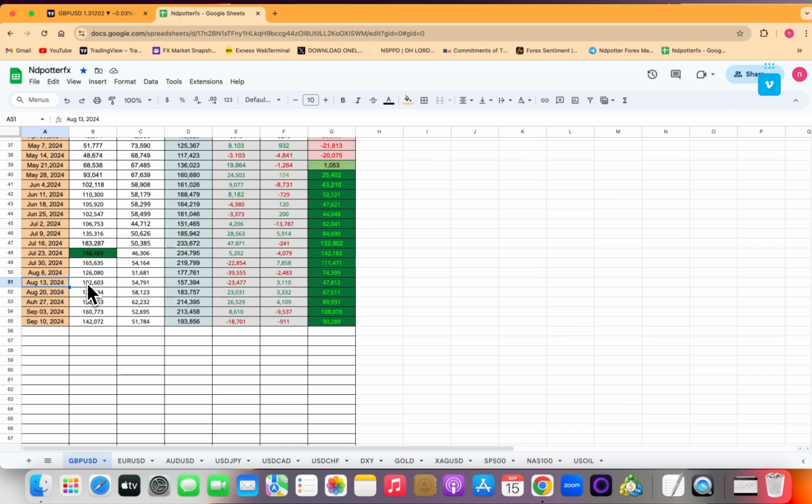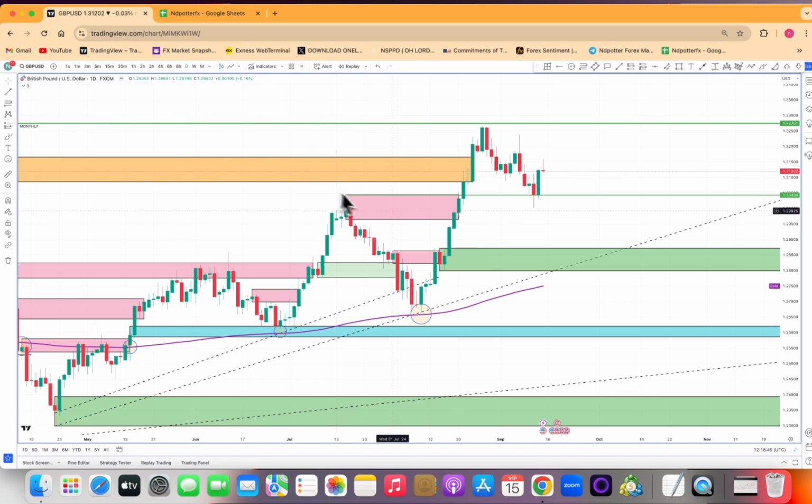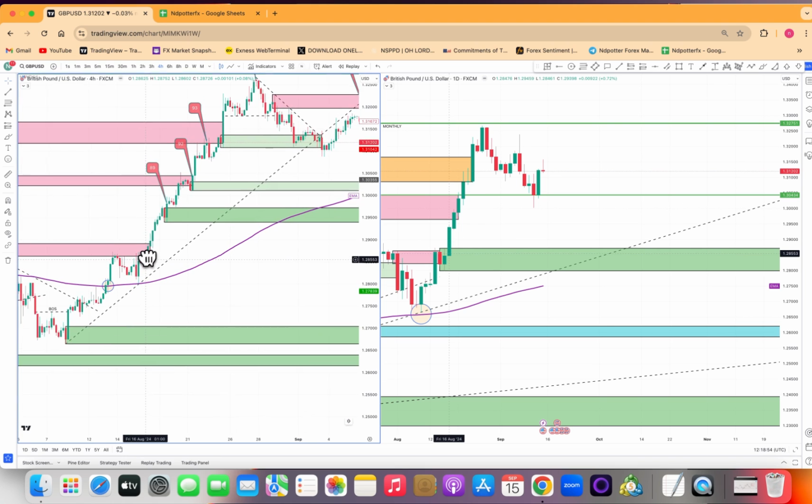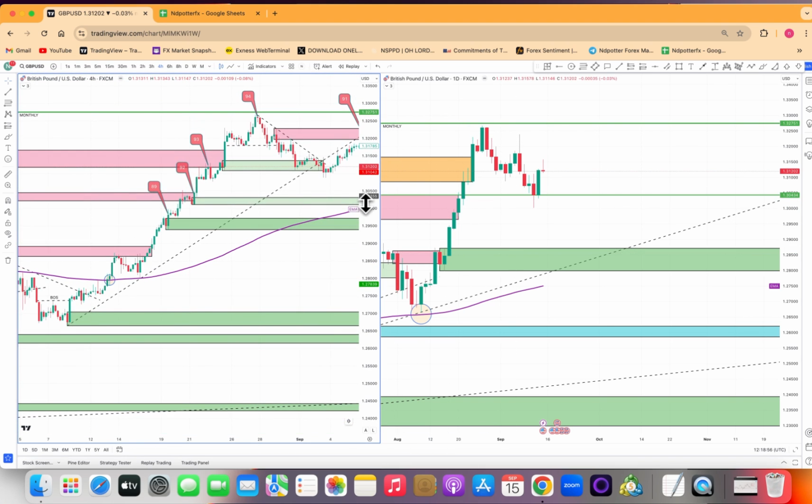Then August 13th they took 23,000 profits on their long position again. But you can see that since they were taking the profit on their position, the market was rallying to the upside. And I'm going to be honest with you guys, I did not trade all of it here.